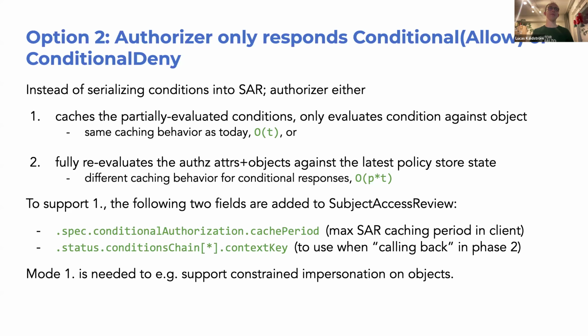Either it does the partial evaluation just as described in the cap, but then it caches the result, gives back a context key, and to know how long the authorizer might need to hold this partially evaluated result, the API server sends a cache period in the SAR. And this then works exactly as before.